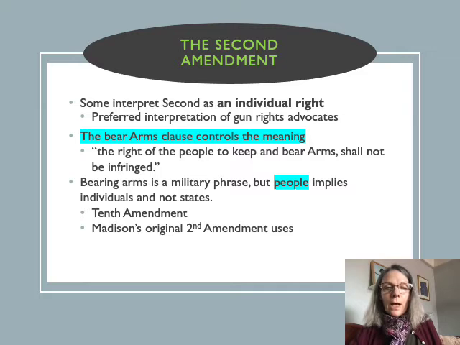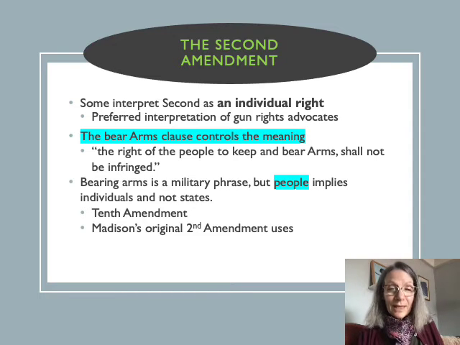From this perspective, they also take a look at Madison's Second Amendment. In Madison's Second Amendment, it reads, the right of the people to keep and bear arms shall not be infringed, a well-armed and well-regulated militia being the best security of a free state, but no person religiously scrupulous of bearing arms shall be compelled to render military service in person.